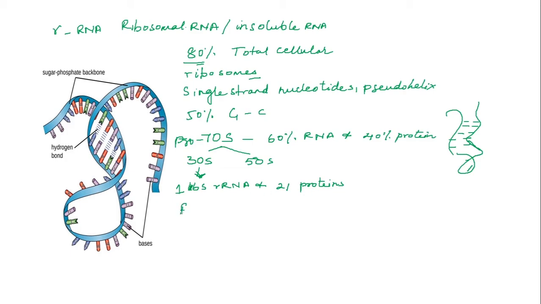In eukaryotic organisms, the type of ribosomes is the 80S type, where it has 40% rRNA and the remaining 60% is proteins.